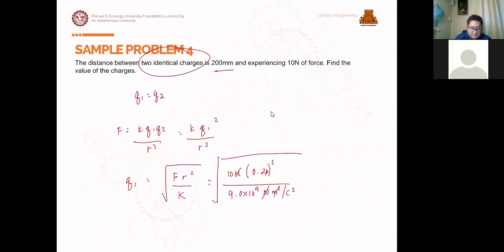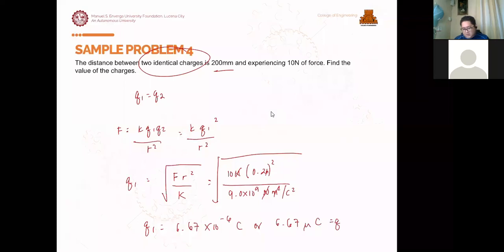So, makukuha natin si Q1, which is, ang value natin is 6.67 times 10 to the negative 6 coulombs or 6.67 micro coulombs.